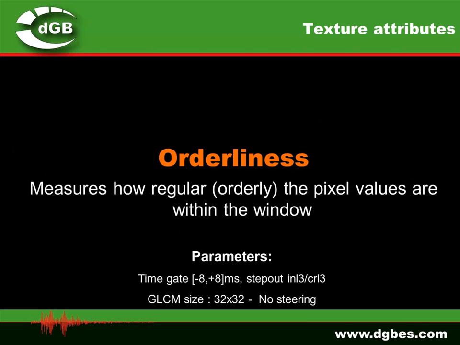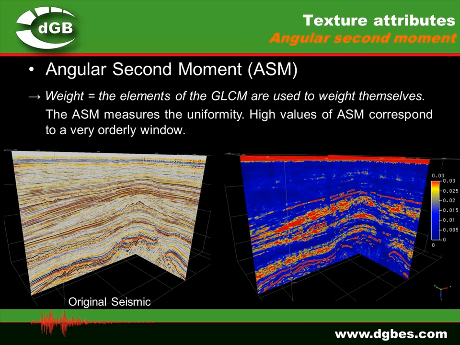You have the angular second moment, which measures the uniformity of your data. The high values of this attribute correspond to a highly ordered window. So here in red is highly ordered, and in dark blue it's a low order.